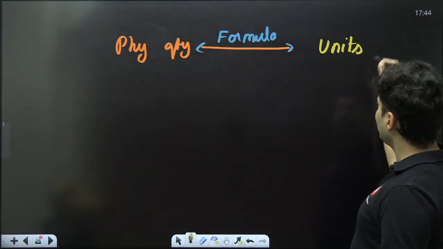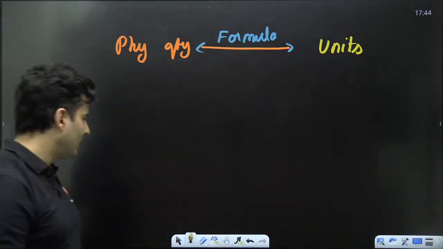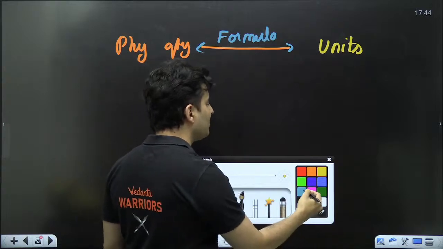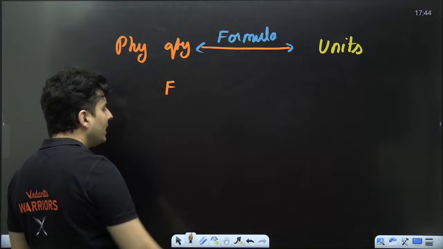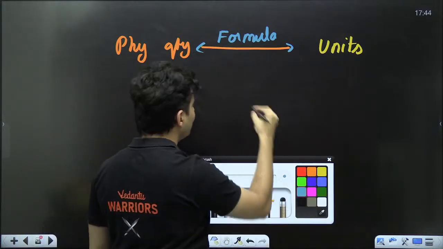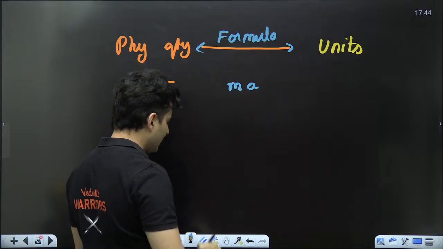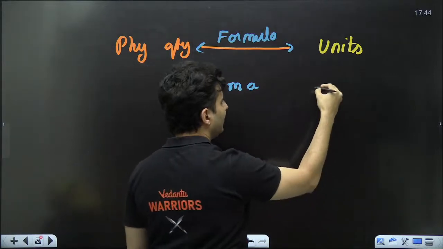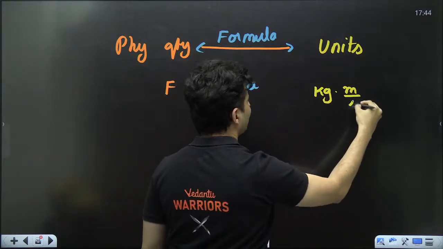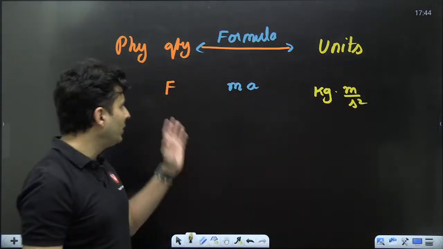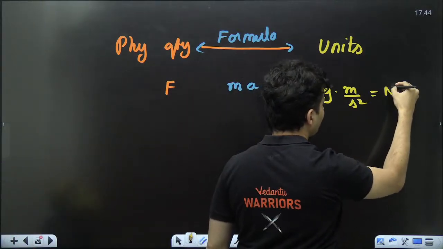And if you know the units, from that you can get the physical quantity. What do I mean by that? Let me give you an example. Say my physical quantity is force. I know force is nothing but mass into acceleration. Mass is measured in kg, acceleration in meters per second square. So that's the unit of force, kg meter per second square, which we call Newton.